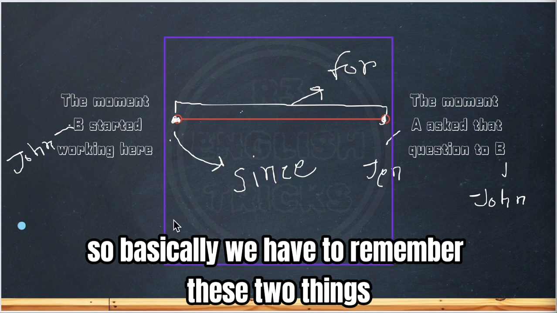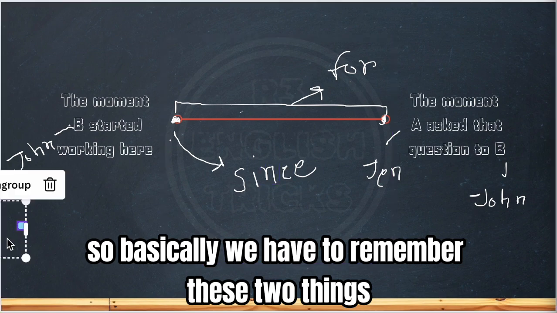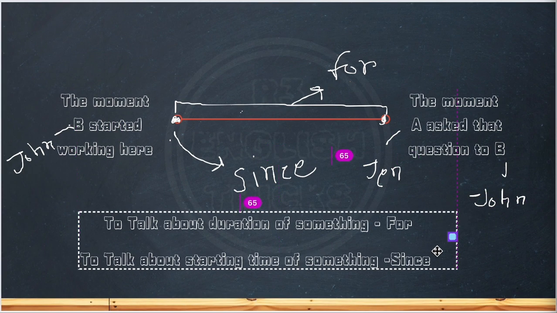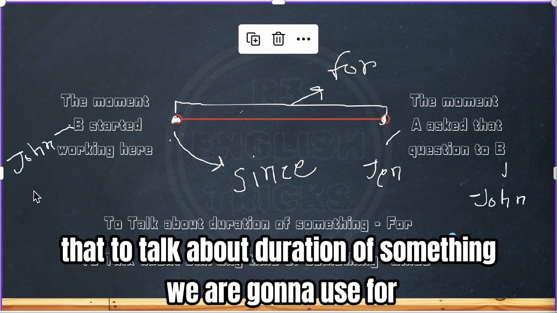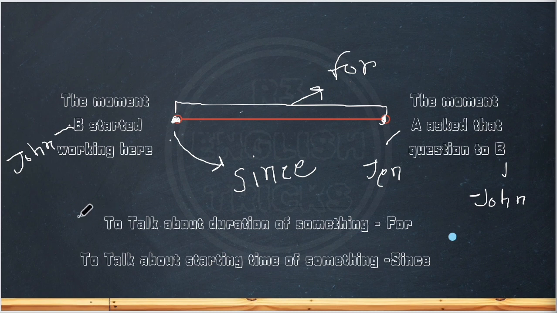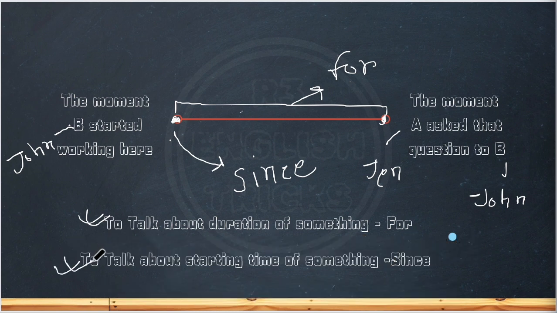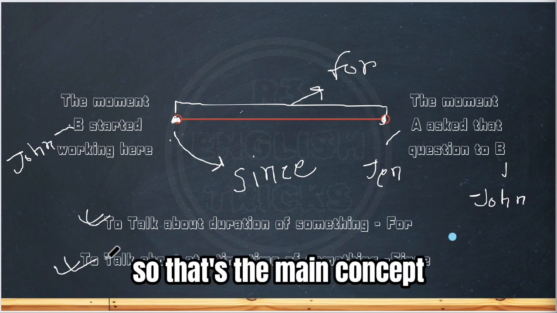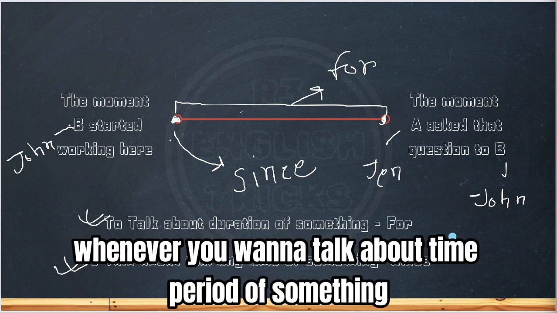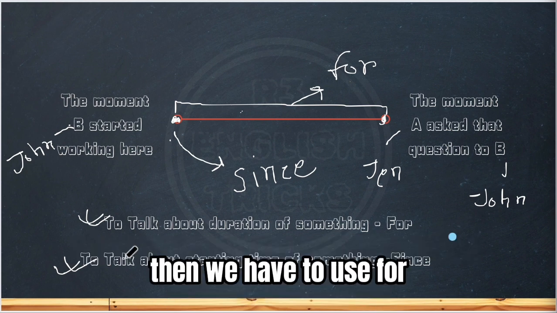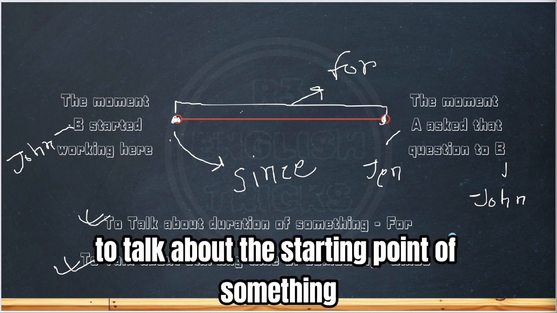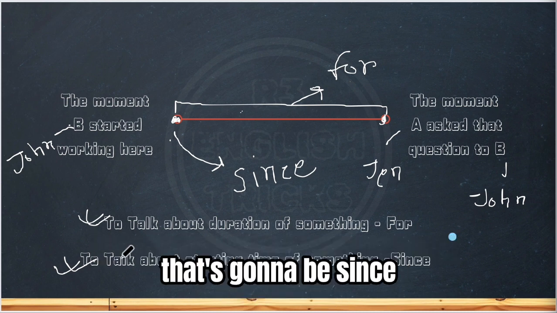So basically we have to remember these two things: to talk about the duration of something we are going to use "for", and to talk about the starting time of something we have to use "since". So that's the main concept. When we want to talk about the time period of something, we have to use "for", and to talk about the starting point of something, it's going to be "since".